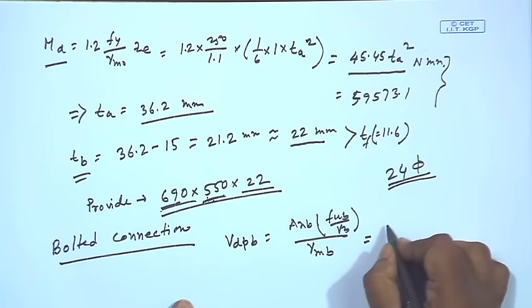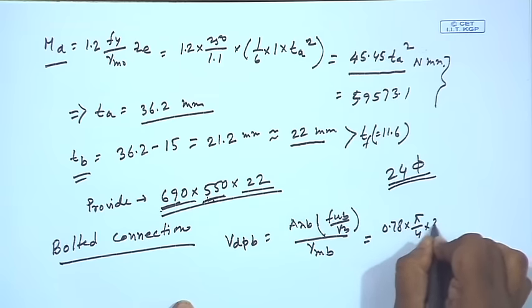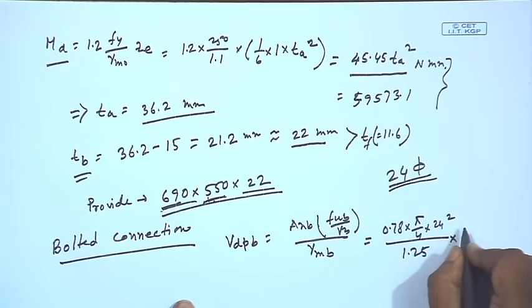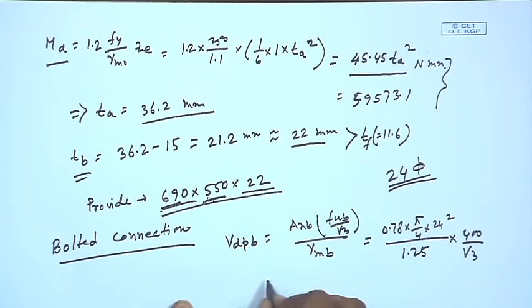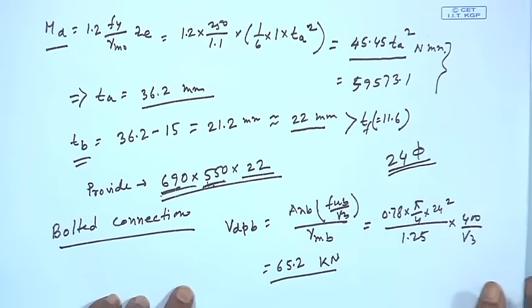So, that will be 0.78 into pi by 4 into 24 square by gamma MB into FU by root 3, FUB is 400 by root 3. So, this is coming 65.2 kilonewton, right. So, the shearing strength of bolt is decided.